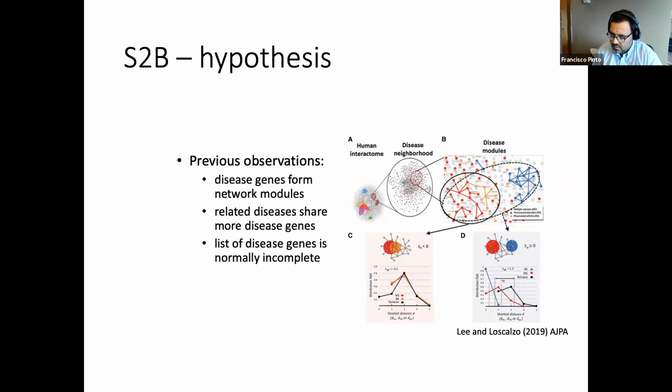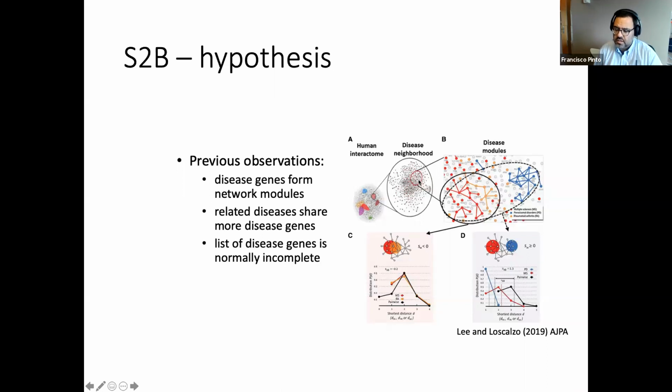Nowadays there are databases that collect that kind of information of disease-associated genes. And people have observed that in molecular interaction networks, like protein interaction networks, disease genes associated with the same disease tend to occupy a limited neighborhood of the network. So they are concentrated in a network region and define what is called the disease module.